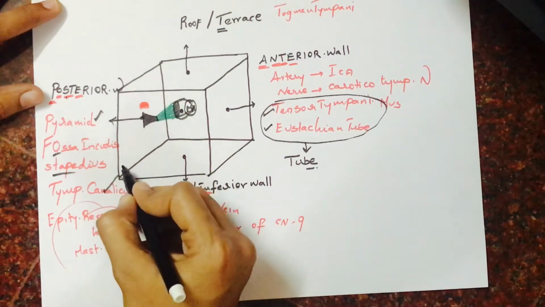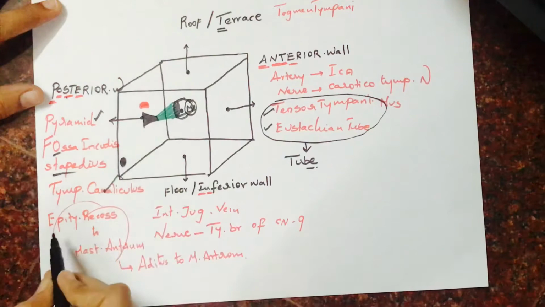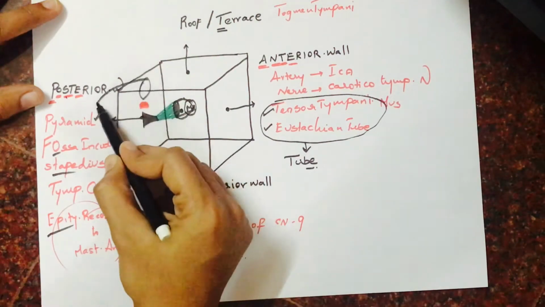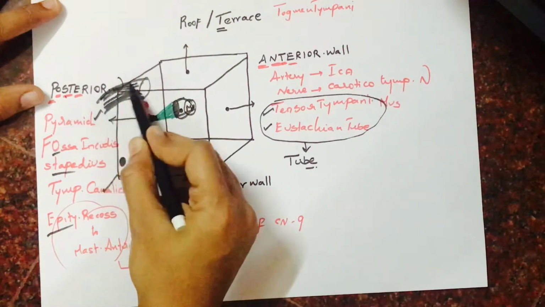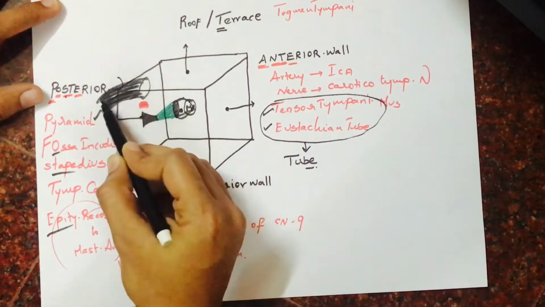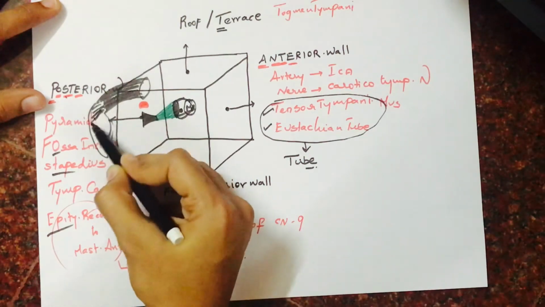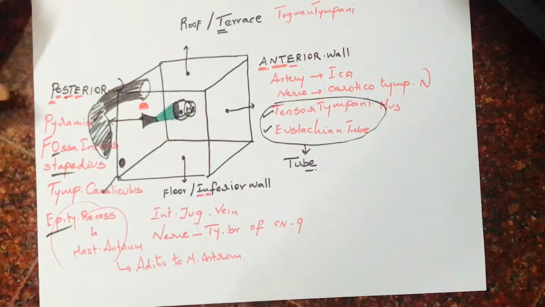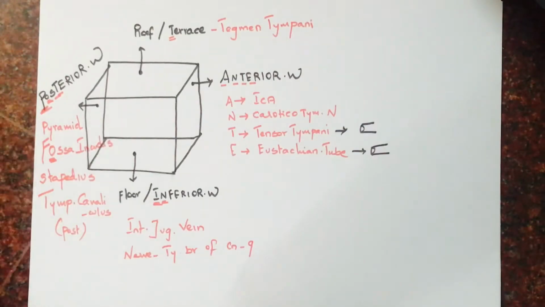Next is tympanic canaliculus. Posterior tympanic canaliculus is present in the lower part of the posterior wall near the tympanic membrane, and the nerve is chorda tympani, which passes through it. Then we have aditus to mastoid antrum above, which communicates to the mastoid air cells. So these are the main structures in the posterior wall of middle ear cavity.